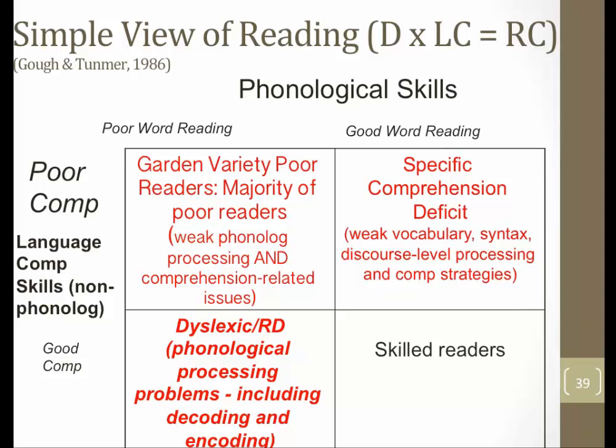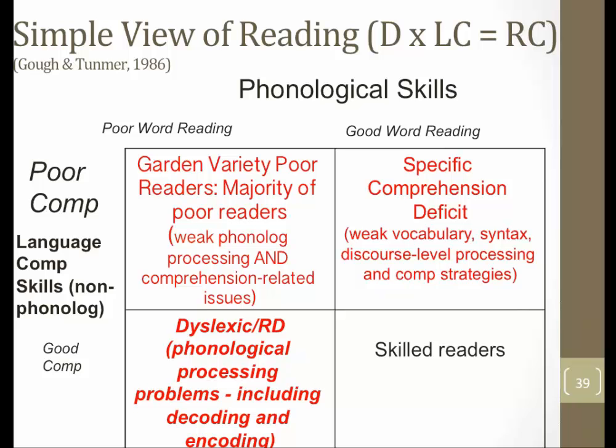Or you could have good word reading, good decoding, and poor comprehension and have what we refer to as a specific comprehension deficit that would impact the areas in the top of that rope that I just explained. Or you can be good in both, and therefore you're a skilled reader because you have both components solidly in place. And the fourth profile that we're speaking about today is the dyslexic profile.